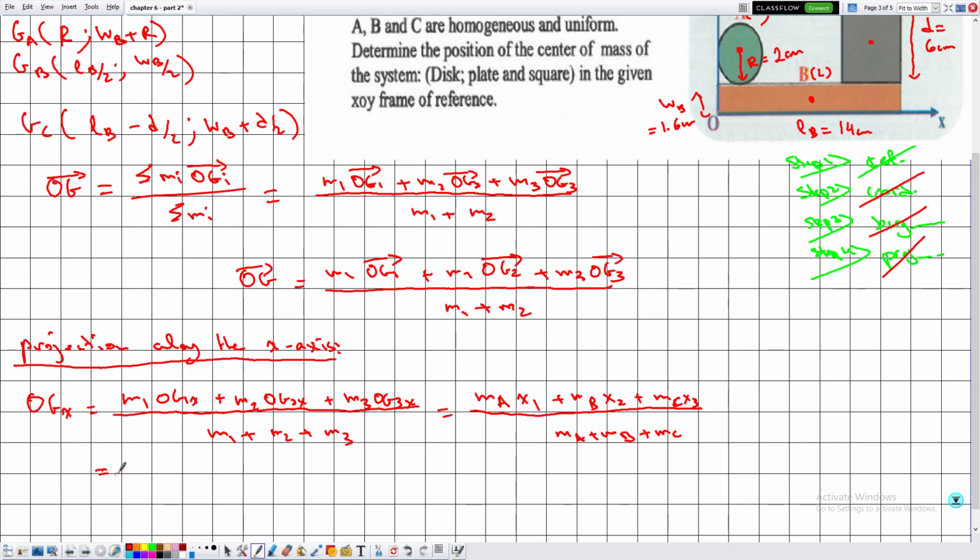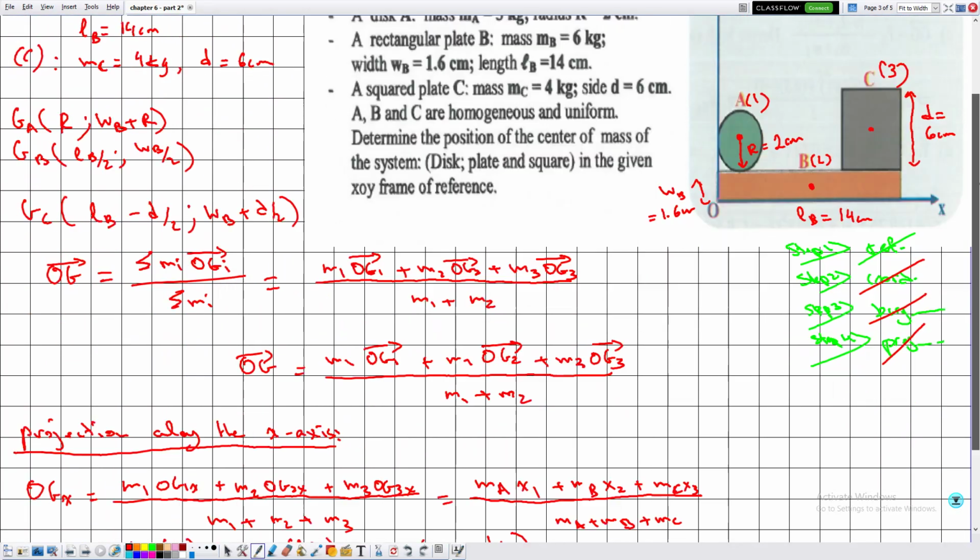Now the value of x1, which corresponds to the point A, is given by R. So this is equal to MA multiplied by x1, which is R, plus MB multiplied by x2, which is LB over 2, plus MC multiplied by LB minus D over 2, divided by MA plus MB plus MC.